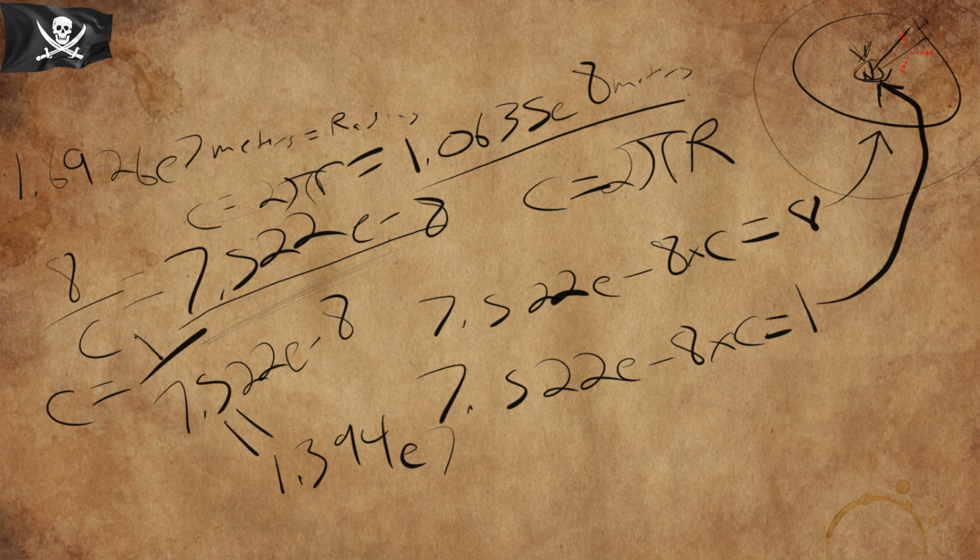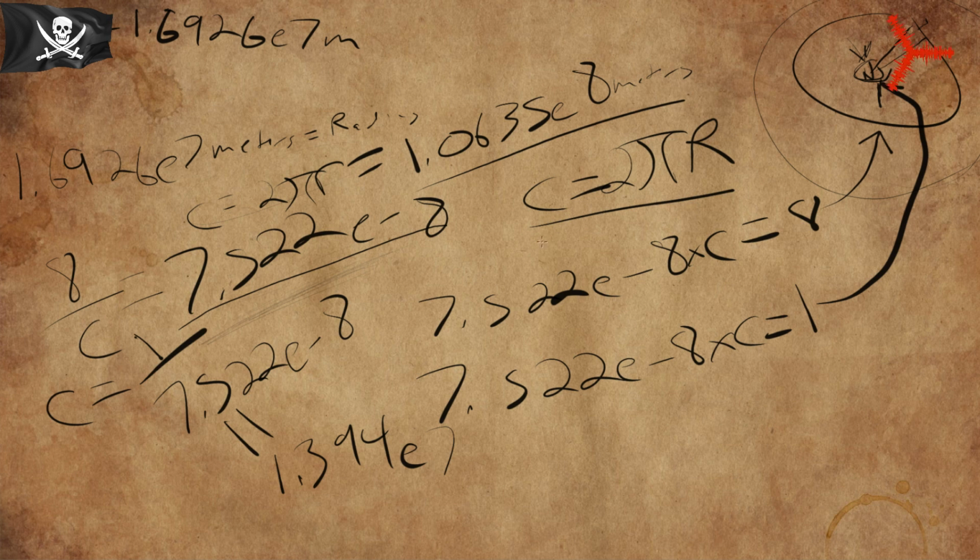Overworld radius equals 1.6926E7 meters. And I don't think I'm going to need the overworld circumference ever again. Actually, let's figure out the radius real quickly.